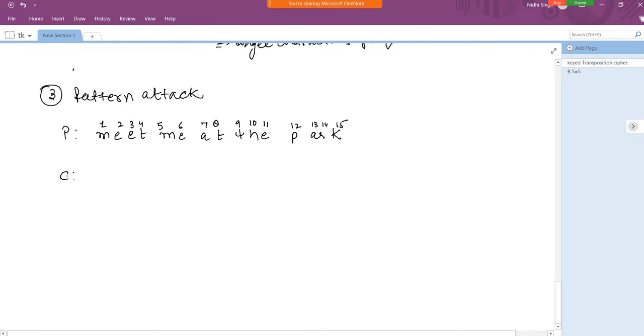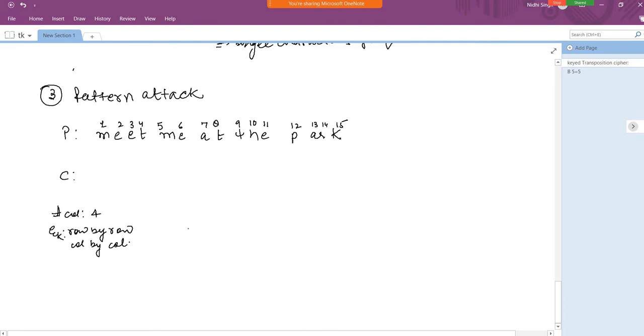In order to generate the ciphertext using the keyless transposition cipher, suppose my number of columns is 4. I write my plaintext letters row by row for the encryption, and to generate the ciphertext, I read it column by column.